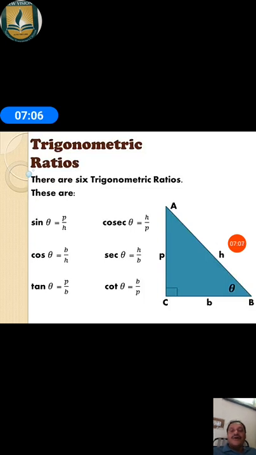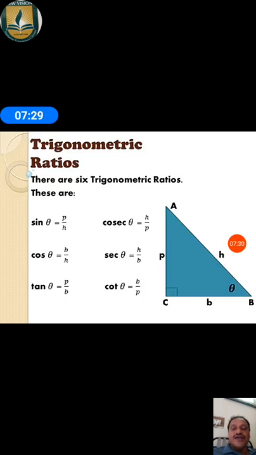Now, the first trigonometric ratio, sine theta, is defined as perpendicular by hypotenuse. That means the side which is opposite to angle theta, AC, also called opposite side by hypotenuse. And cos theta is defined as base by hypotenuse, B by H. That means for theta, base is also called adjacent side by hypotenuse.